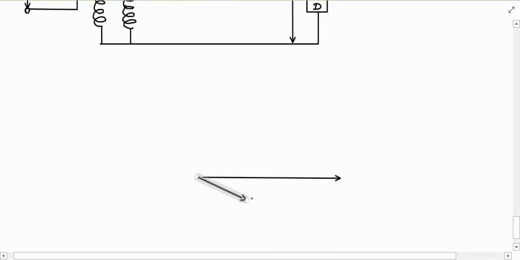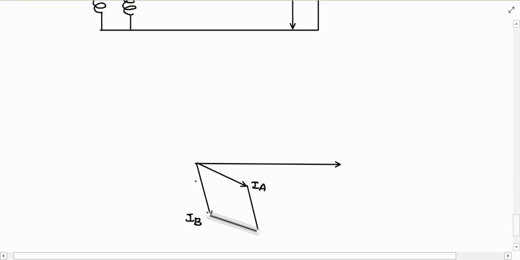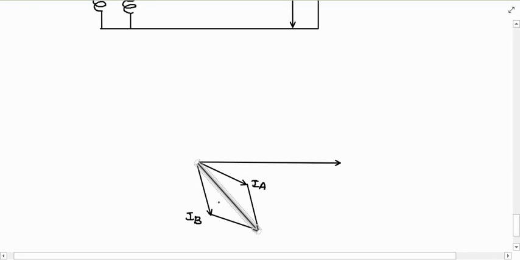This is your current IA, and IB is more inductive than IA, so this will be your IB. Then what is your total current? Total current is nothing but the vector sum of both. So I will take the vector sum of IA and IB to get the load current, the current flowing through the load, which equals I.